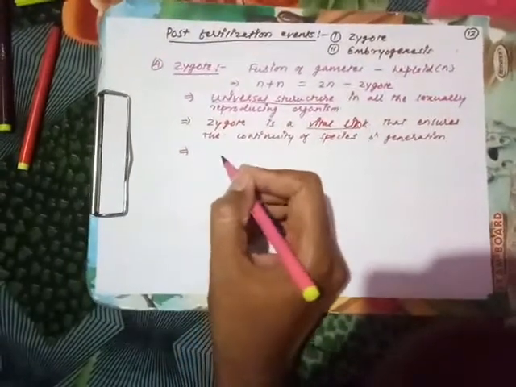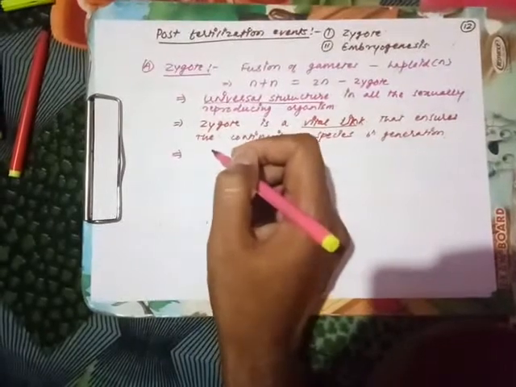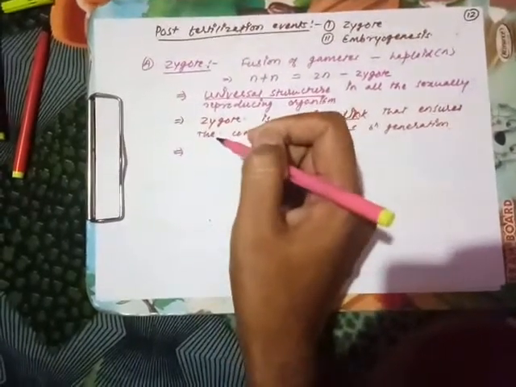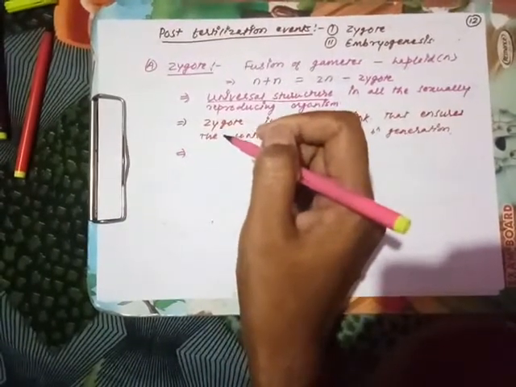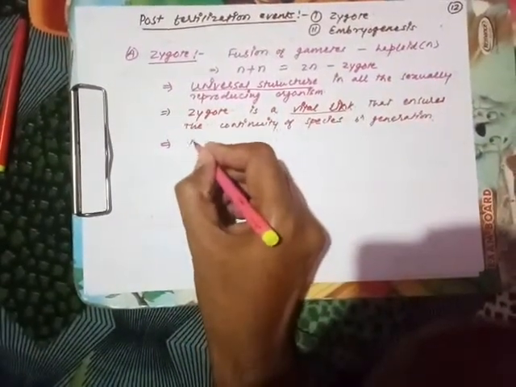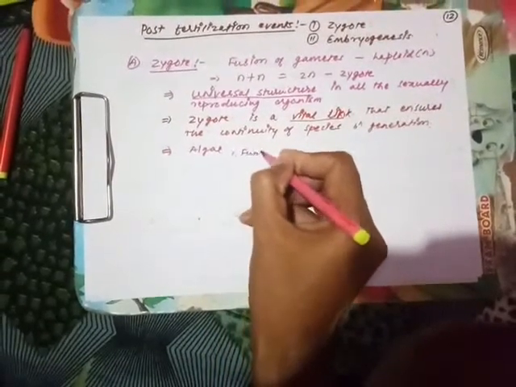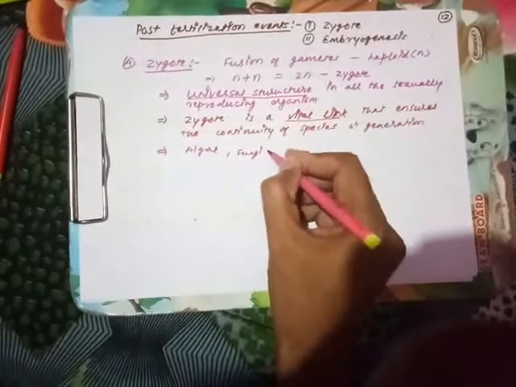Next we are going to understand organisms that have external fertilization and external development, where fertilization occurs outside the body in the aquatic medium, like algae and fungi.